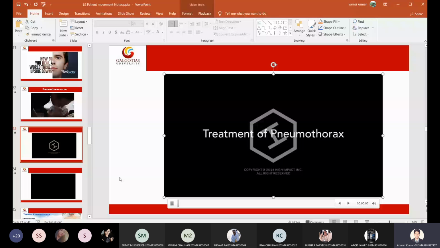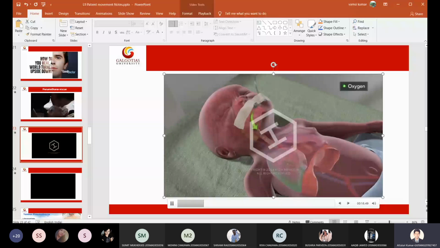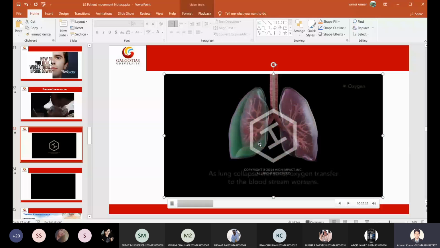See one more animation on pneumothorax. So this child has a pneumothorax condition. His right lung has excessive air, so the lung is not functioning properly.